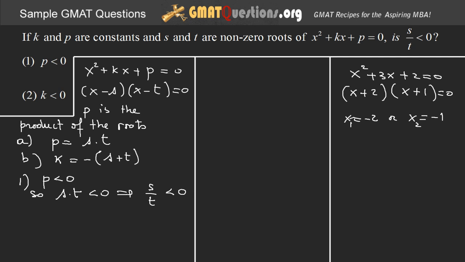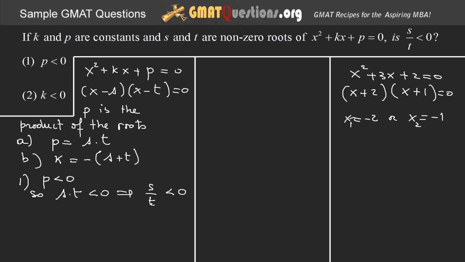Now, for 0, when s is 0, the product st is obviously 0, and s over t is 0. The only time where they really don't have the same sign is when t is equal to 0. When t is equal to 0, the product st is equal to 0, but the quotient s over t is undefined because we cannot have 0 in the denominator.